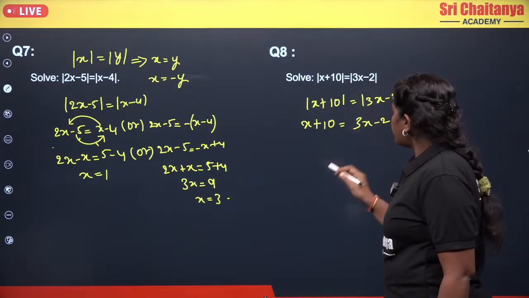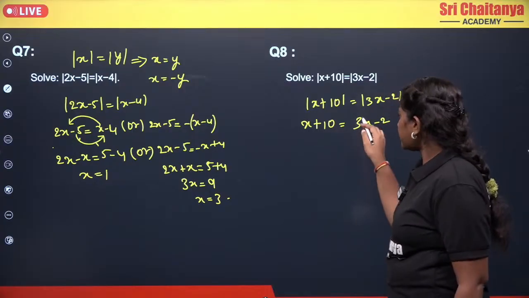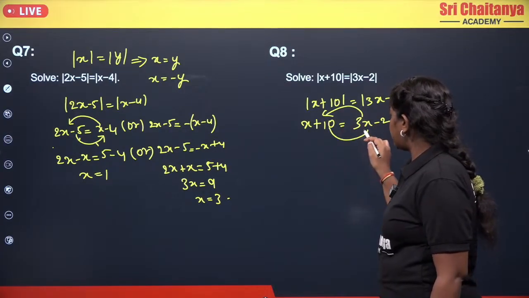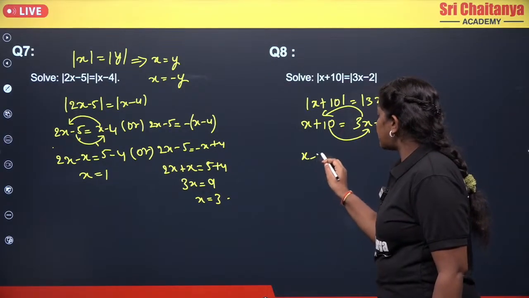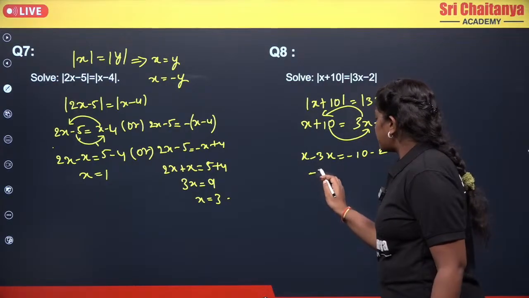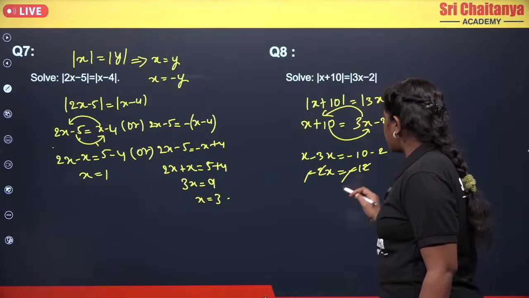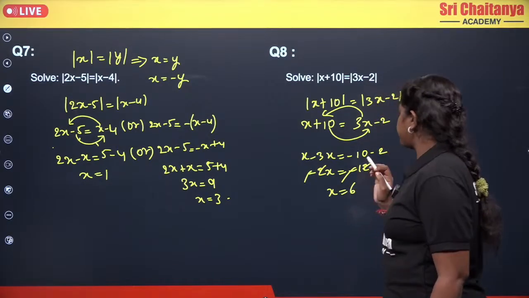Rearranging the terms, x minus 3x equals minus 10 minus 2, so minus 2x equals minus 12. The minus signs cancel, and you will get x equals 6.